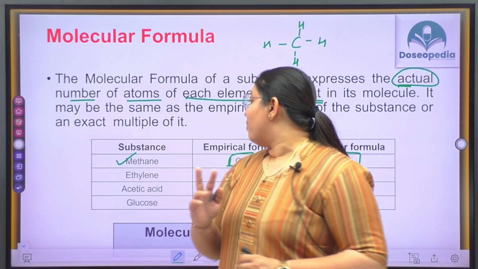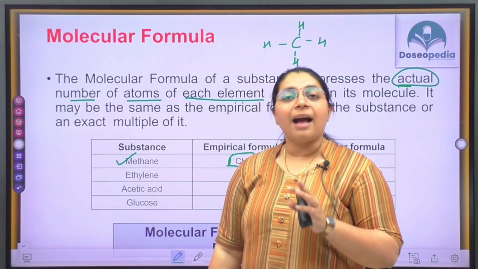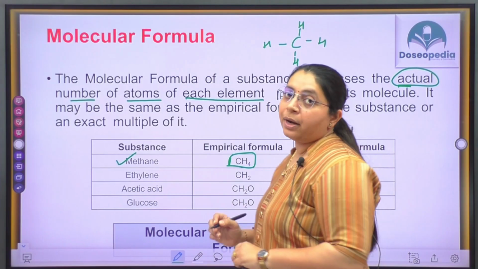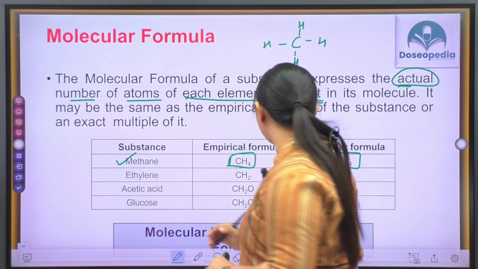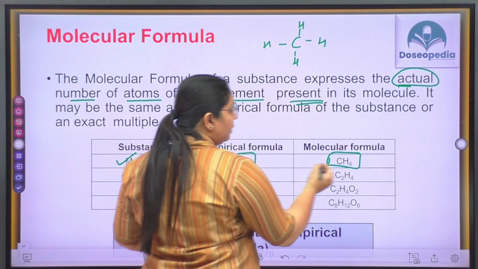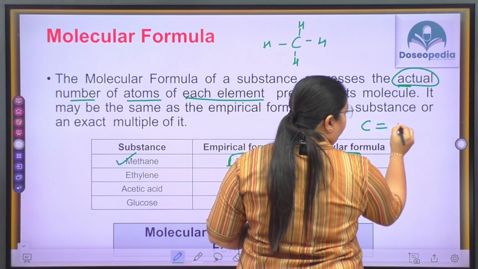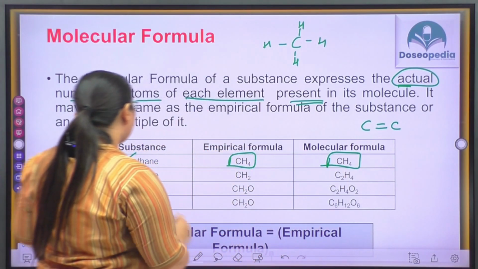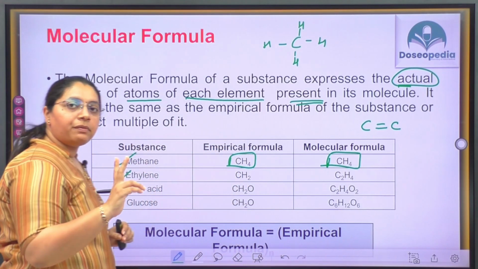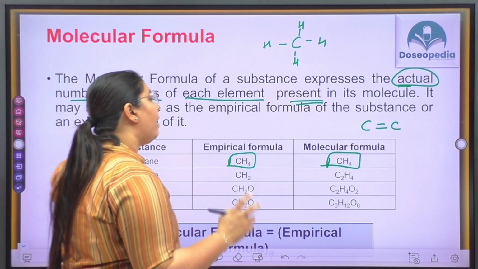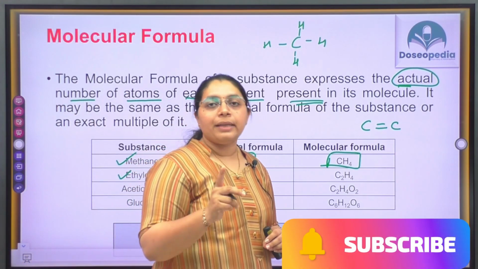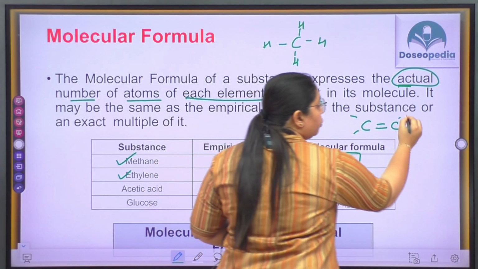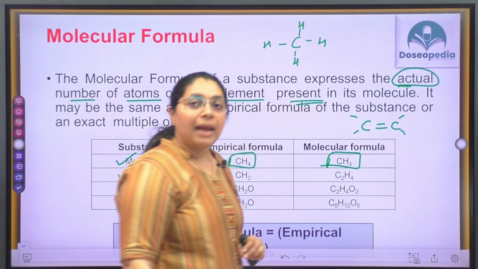So for ethylene, that is an alkene, the molecular formula and empirical formula are different. Let's say you have ethylene. Carbon is double bonded with carbon, because in ethylene, eth is the prefix, so 2 carbons will be present in your compound. As carbon has 4 valency, carbon can make another 2 bonds with other atoms.